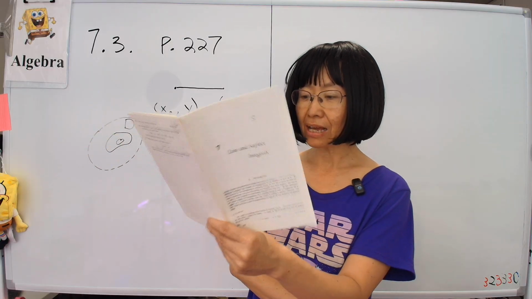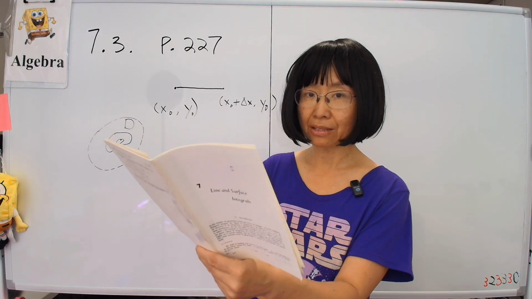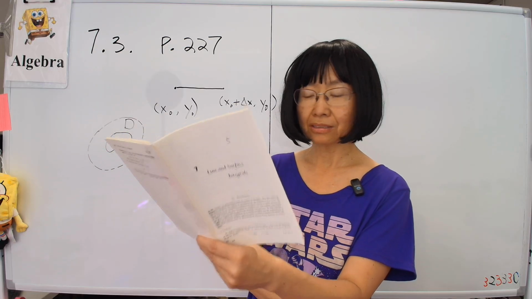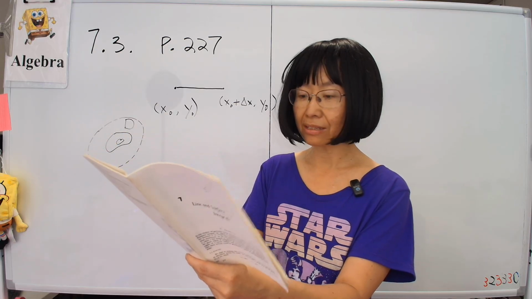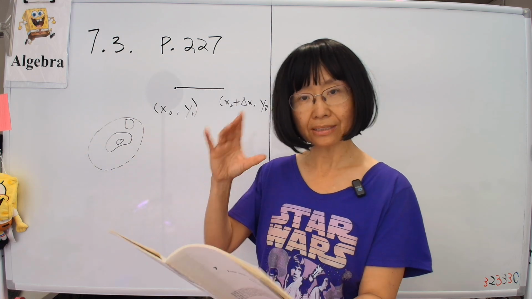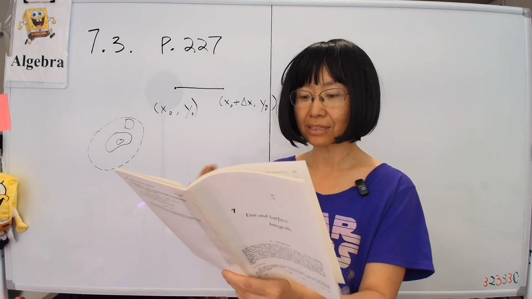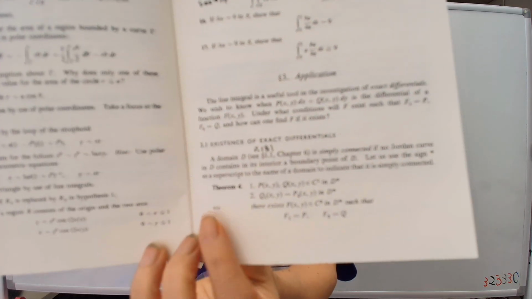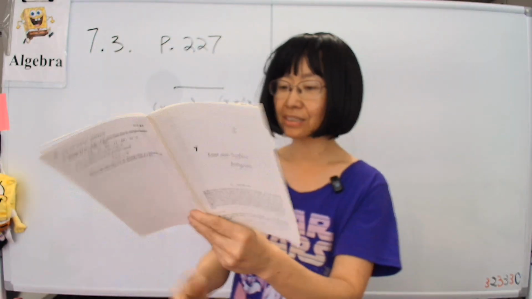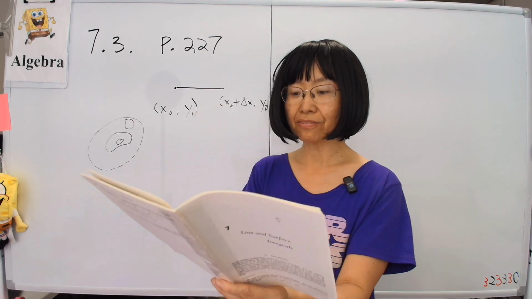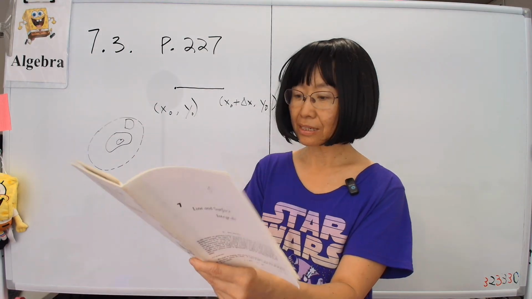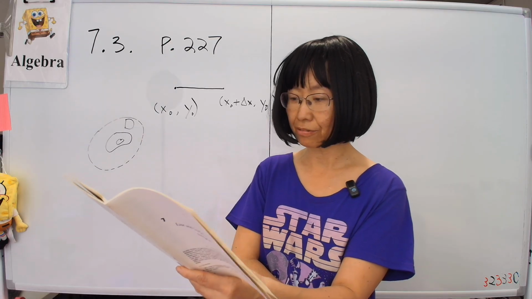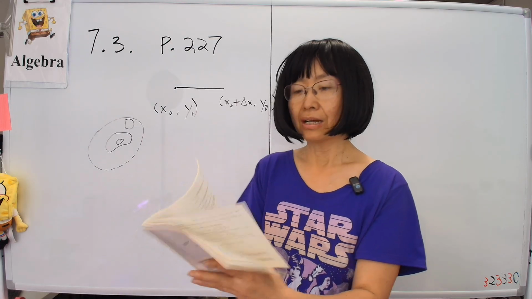If that is true, then both the necessary and the sufficient conditions, in other words the if and only if symbol is right there, means it is both necessary and sufficient that there exists a function F in C2 such that F1 is P and F2 is Q. All right, so next page.